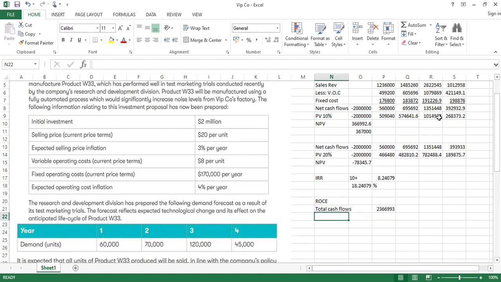To calculate profit, either deduct depreciation every year or deduct initial investment just once from the total cash flows. This minus 2 million. So you will get the answer.